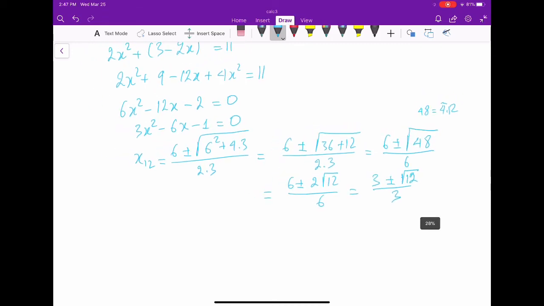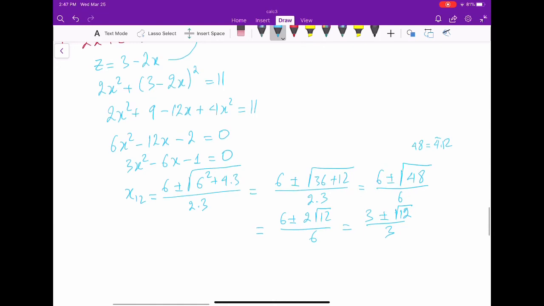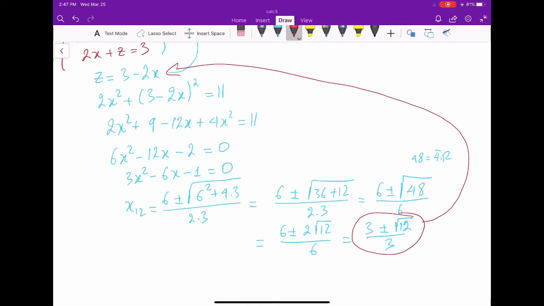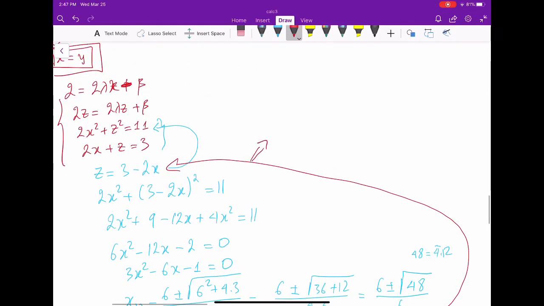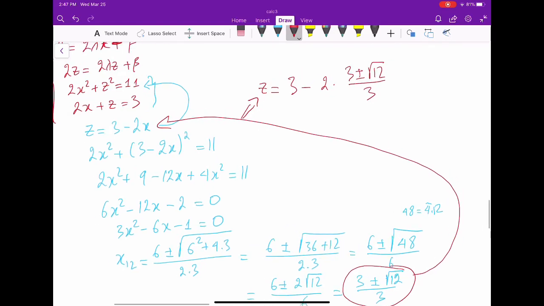All right, so that is x. We have two values of x. So that means we have two values of z, right? We plug this guy back here to find z. Okay, let's do that right here. So I have z equal to 3 minus 2 times (3 plus minus square root of 12) over 3.